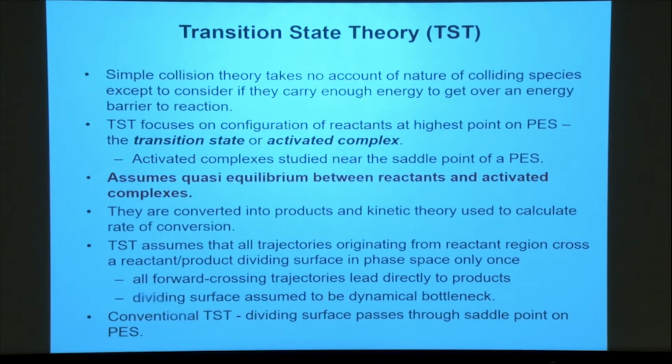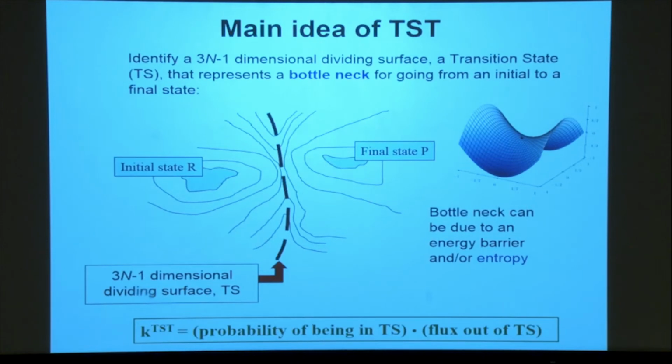So our initial state or initial reactants are here, the final state here, and then we are looking to predict the rate at which we're transitioning from a well which represents our initial reactants to one which represents our final products.